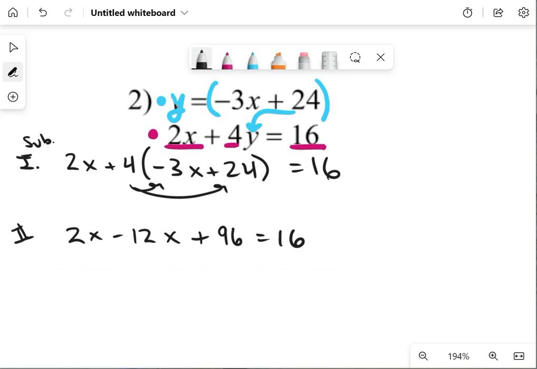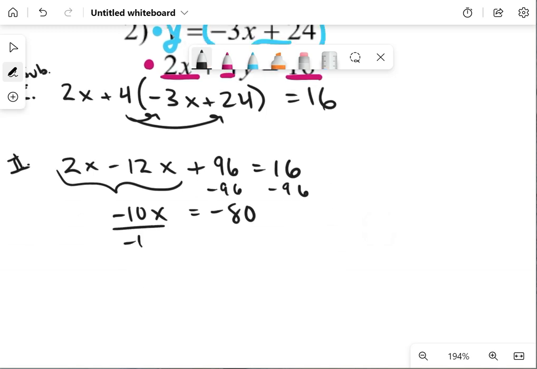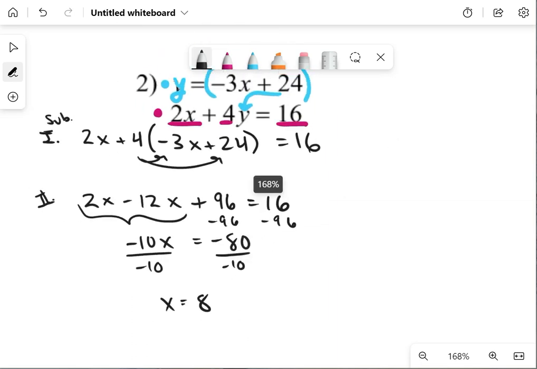So remember, on the same side, this is going to be negative 10x. Subtract 96, and that is going to be negative 80. And divide, which gives us x equals 8. Now remember, we are only halfway, more like 3/4 of the way done.